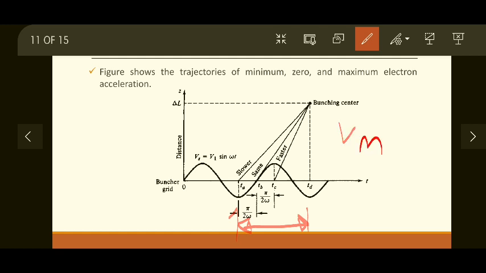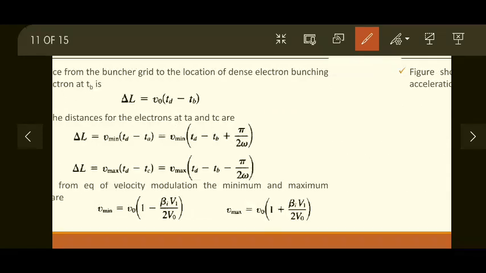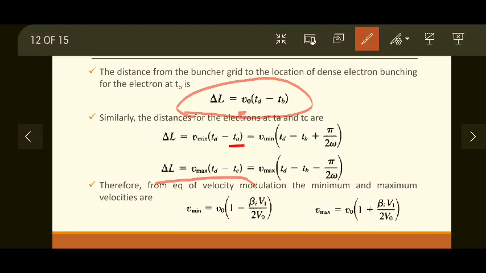So V minimum into Td minus Ta will again give you delta L. Similarly, V maximum into Td minus Tc, because Tc is the time at which the fastest electron velocity is observed, will again give you delta L. You can rearrange that in terms of actual distance like this. This gives the values of delta L, the distance at which bunching occurs.